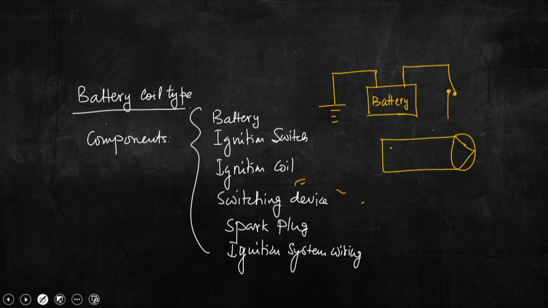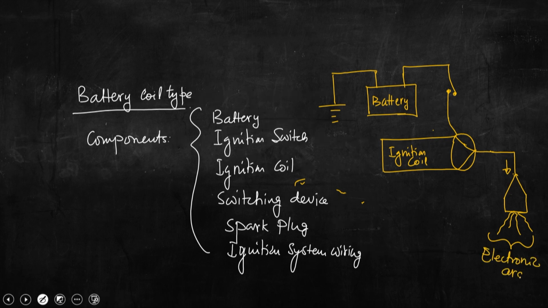Then from this ignition coil, the spark will develop and that spark will go to the spark plug, and from there we will get an electric arc.